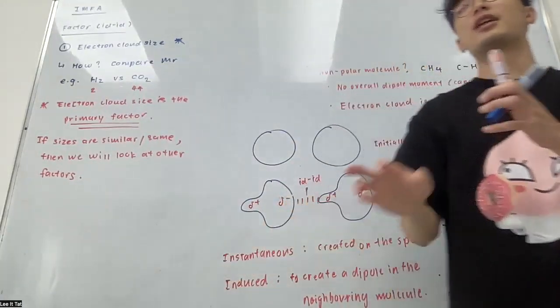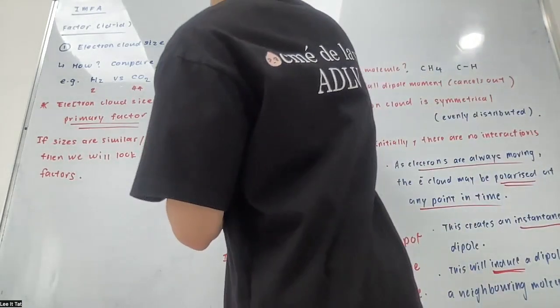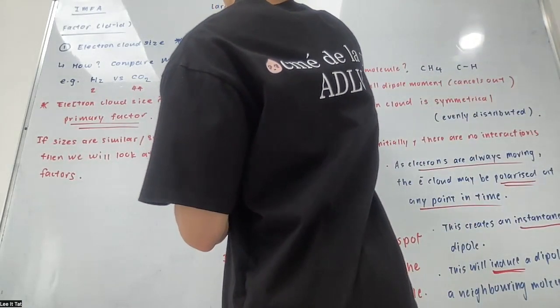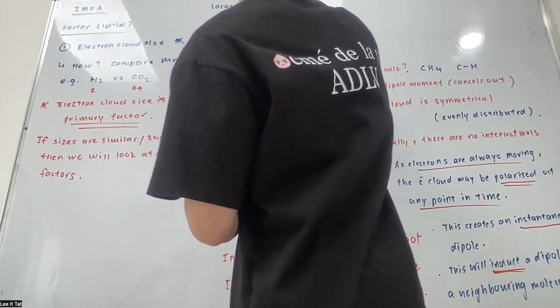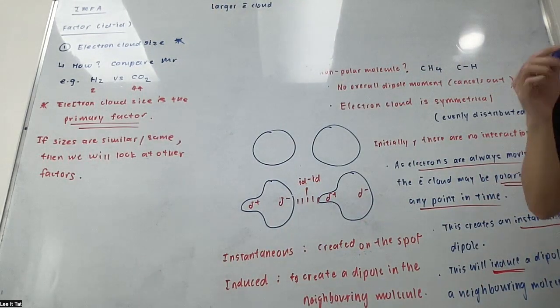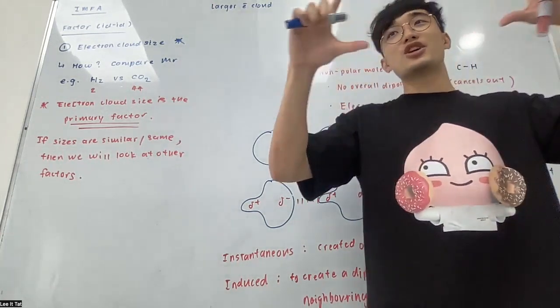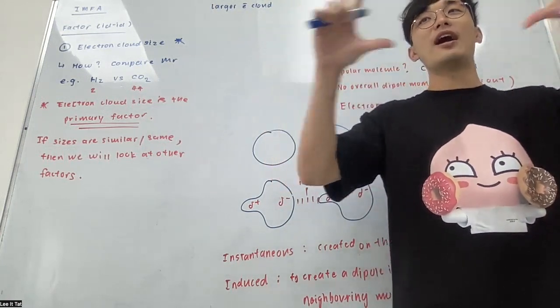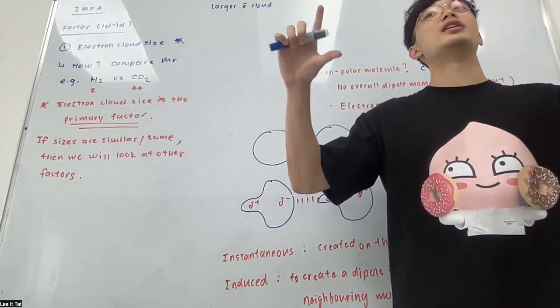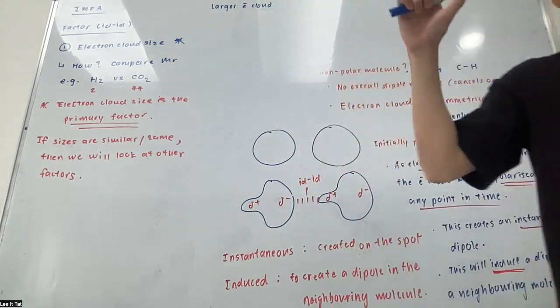So how does electron cloud size lead to different strengths? Imagine this, guys. The larger the electron cloud, are you going to be more easily polarized or less easily polarized? We discussed this in the previous segment on intermediate bonding. The larger the electron cloud, that means you are further from the nucleus, right? So if you're further from the nucleus, it means you are more easily polarized.